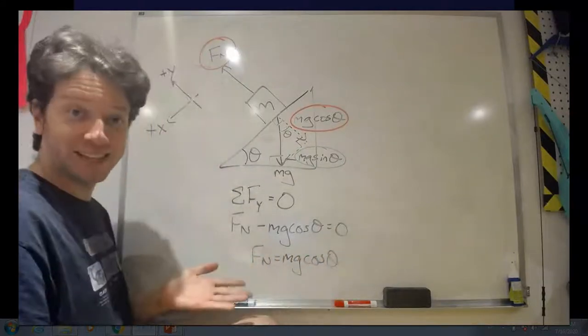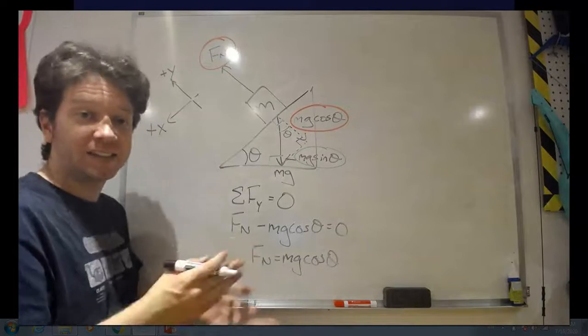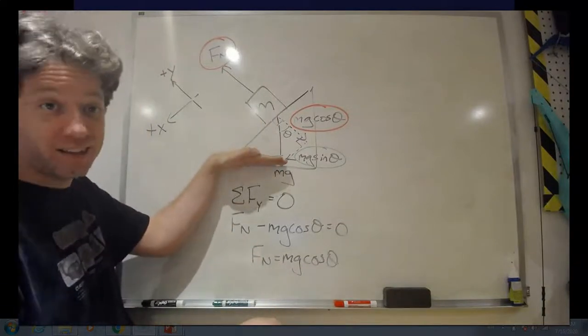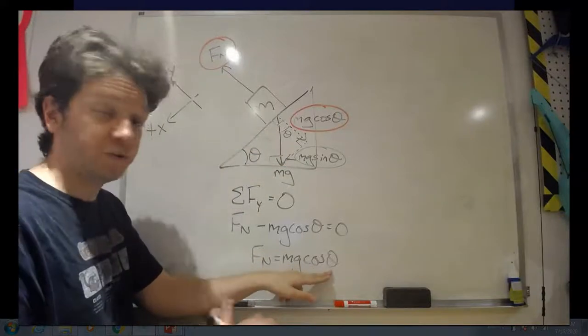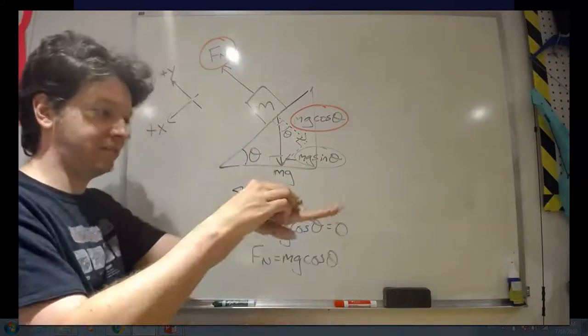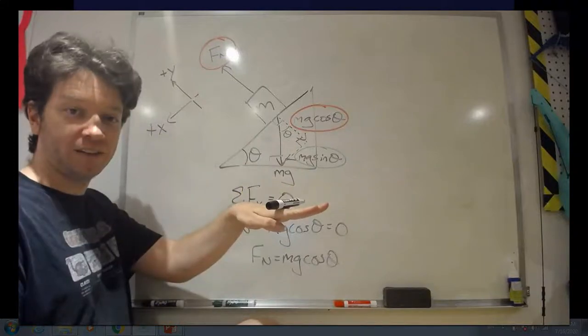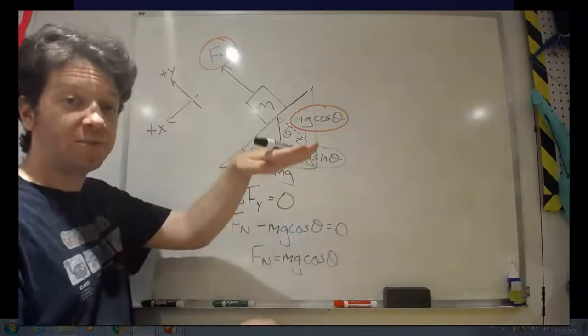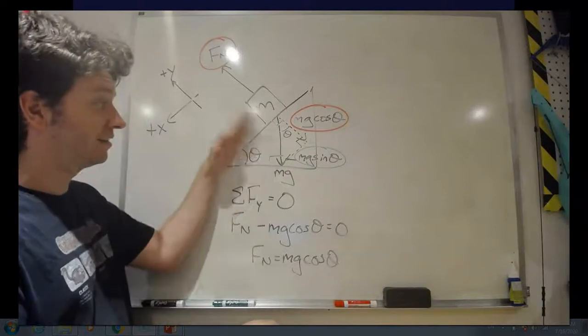So does that make sense? Again, let's look at our extremes. If this was a flat surface and theta was 0, cos of 0 is 1, the normal force equals mg. That makes sense. An object just sitting on a surface, the normal force is equal to the force of gravity. What if I remove that surface by making this 90 degrees?